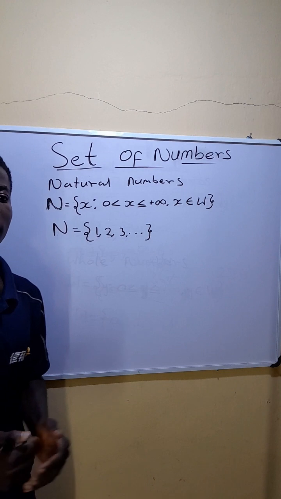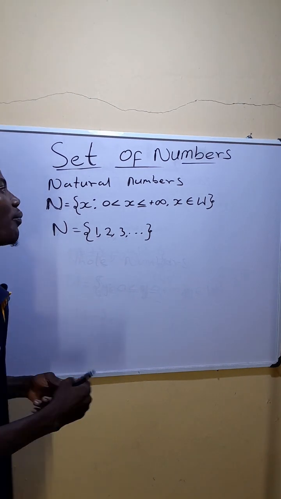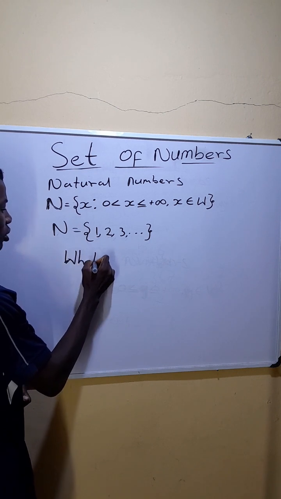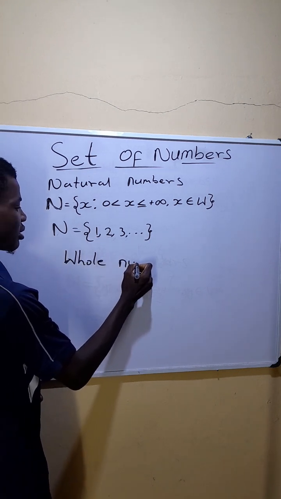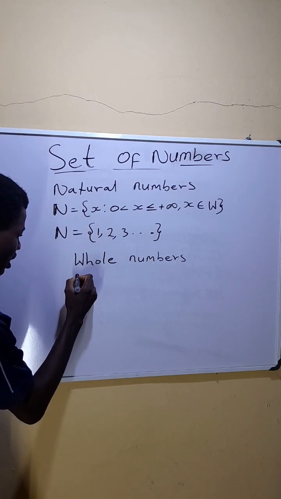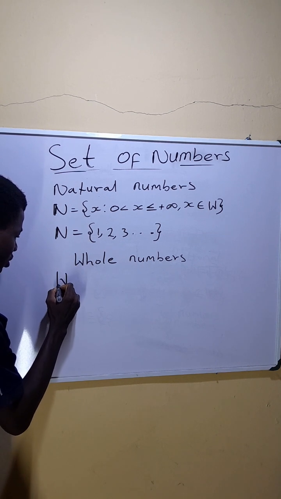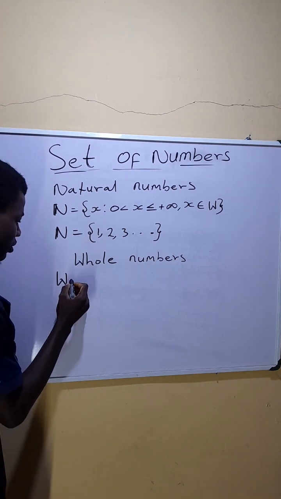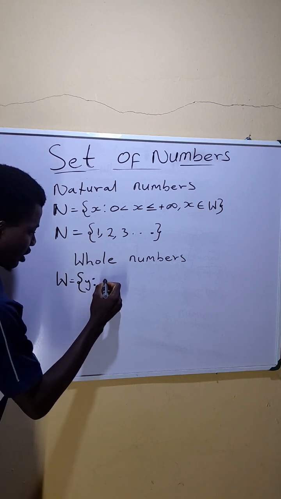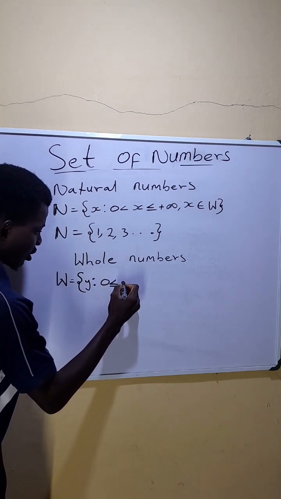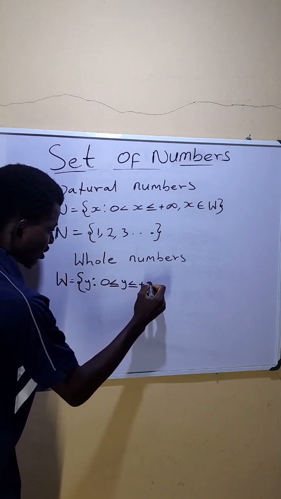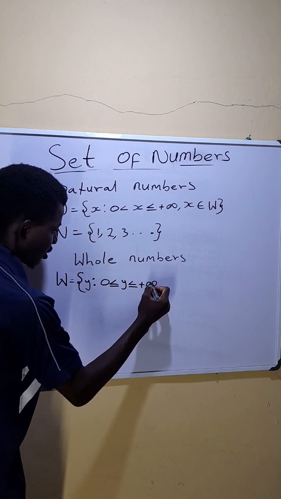After this natural number, we have the one called whole number. Whole numbers is denoted as W. So we can say that whole number is Y, such that 0 is less than or equal to Y is less than or equal to positive infinity.